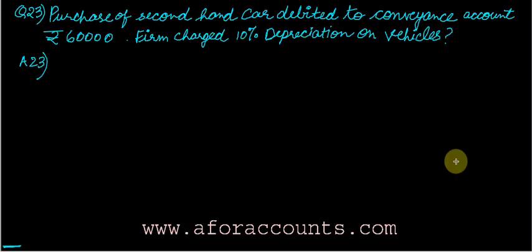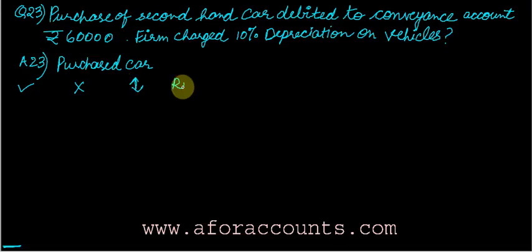So the first part of it, you have purchased a car, and you have put it in the conveyance account. So my right, wrong, reverse and rectified entries are: the right entry is car account debit to cash. Car is coming in.